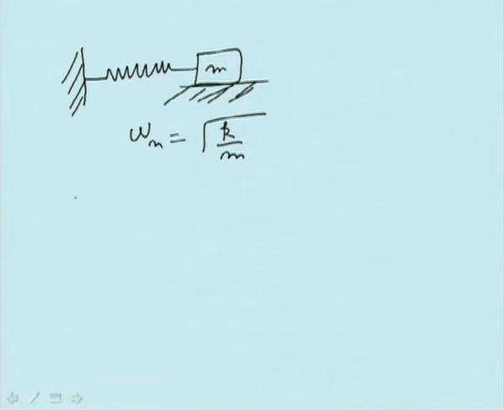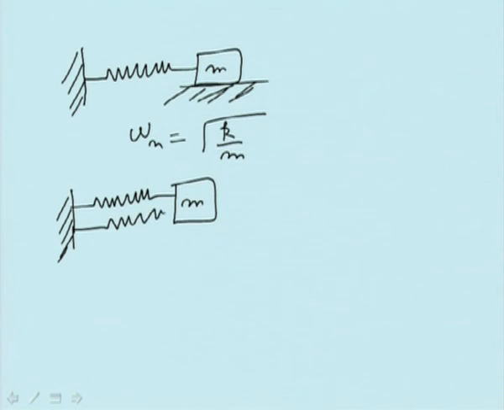What happens if we put two springs here? What type of equations will you get? This is m, this is m.